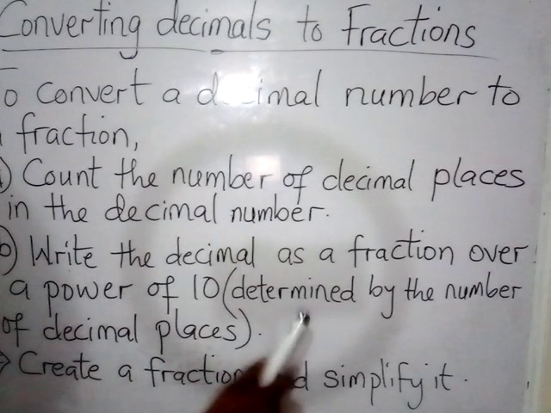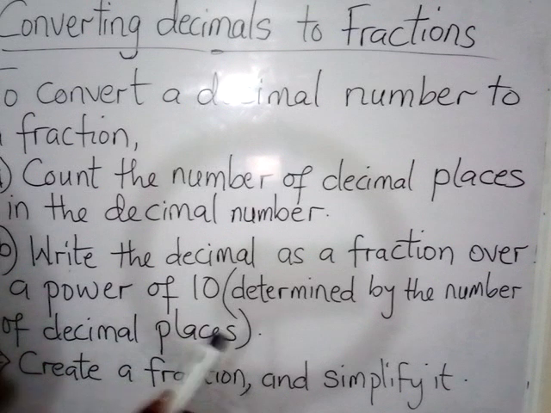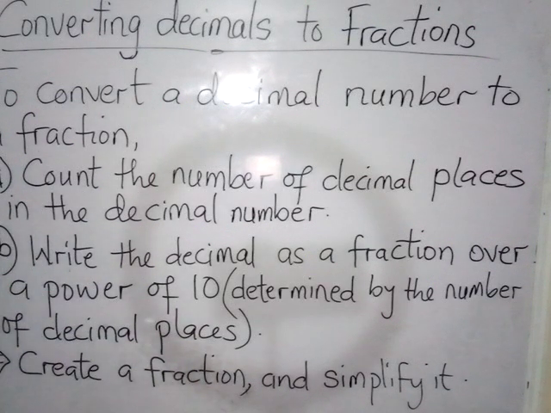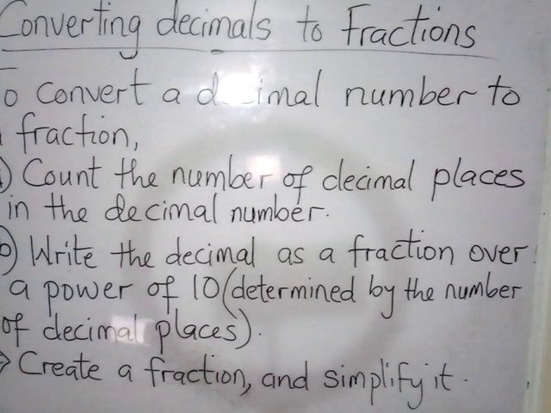How? You now use the decimal number as your numerator without the decimal point. You rule your horizontal line, and then below will be the power of 10 that you have introduced. What do you do last? You simplify that fraction, and you have your fraction which has been coined out of the decimal number.